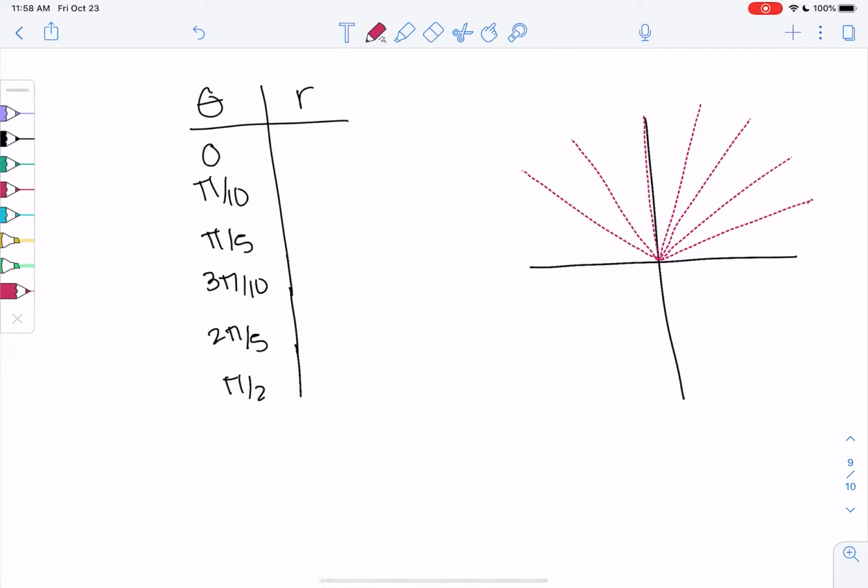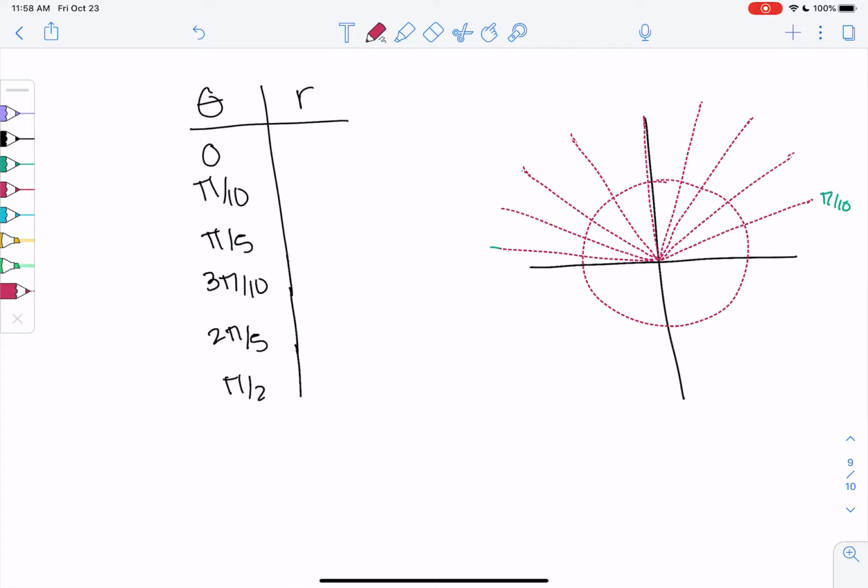So 1, 2, 3, 4, 5, 6, 7, 8, 9. Just to help us estimate the angles. It doesn't have to be perfect, but that will help us visualize it a little better. And then we have a radius of 1. I'm just making a makeshift polar graph.